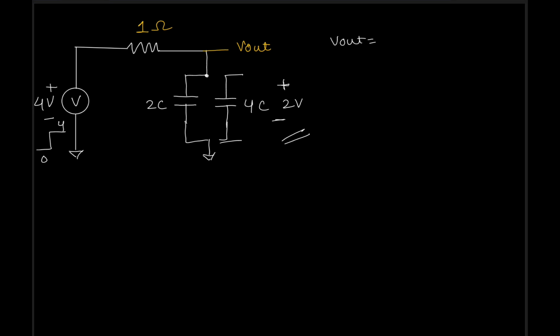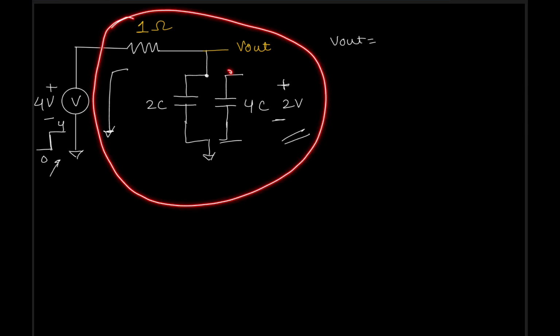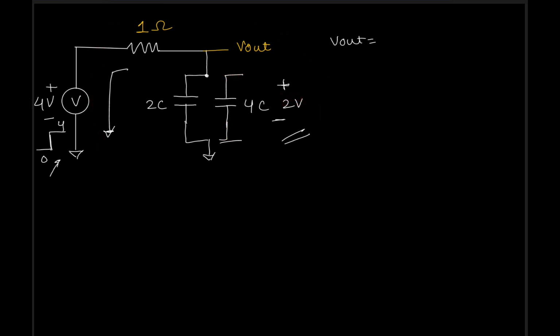This was charged, and before t equals 0, this voltage was 0. What does this mean? This is grounded. Okay, so this was the circuit before t equals 0. This is open circuited, charged to +2 volts, and this is the circuit, right?